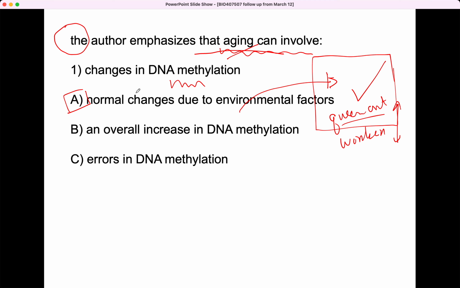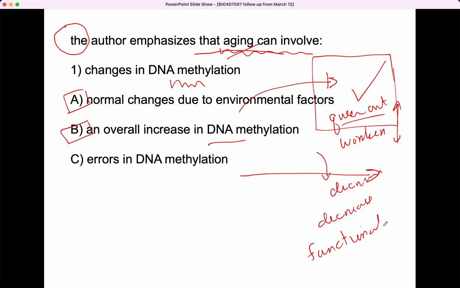And then in this part of the book, the author wants to say that aging, or living, also includes an overall increase in DNA methylation. That increase can lead to a decrease in gene expression, and therefore a decrease in the functionality of tissues. So aging can include your tissues just not working as well, and that can be due in part to DNA methylation.